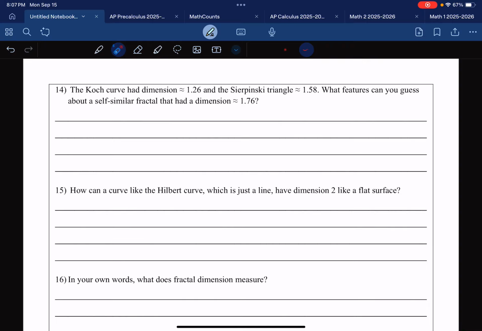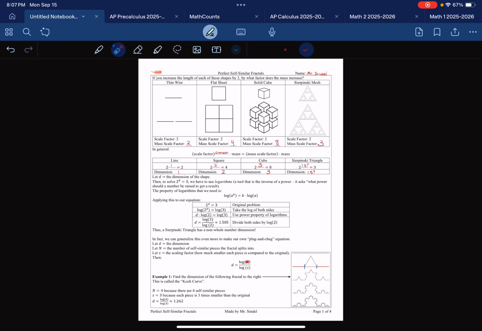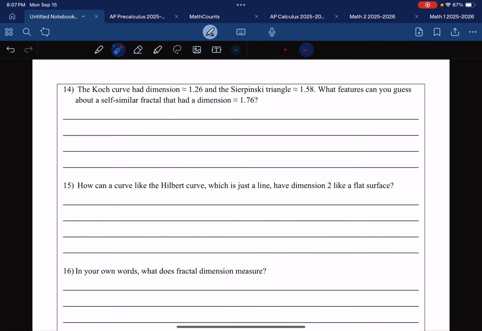Let's compare the Koch curve and the Sierpinski triangle, because those both came from page number 1. On page number 1, we had the Koch curve down here, which had a dimension of 1.262, and then we had the Sierpinski triangle that had a dimension of 1.585. Notice that this fills less space, and now it fills more space. So I would expect something that has a higher dimension to fill even more space, and that's kind of what I'm asking you to say.